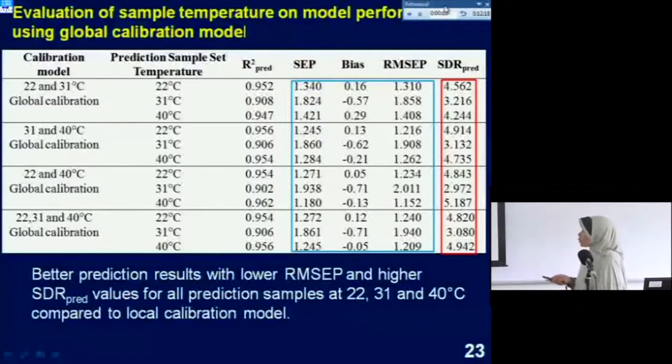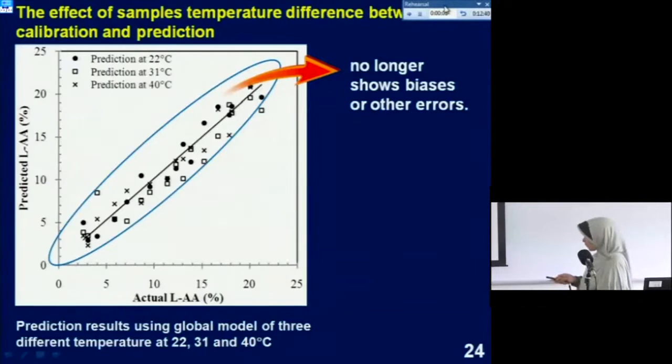Then the performance of the global calibration model was evaluated using prediction sample sets. And this is the result. The prediction result was very good, with low error of prediction and high standard deviation ratio for all combinations.